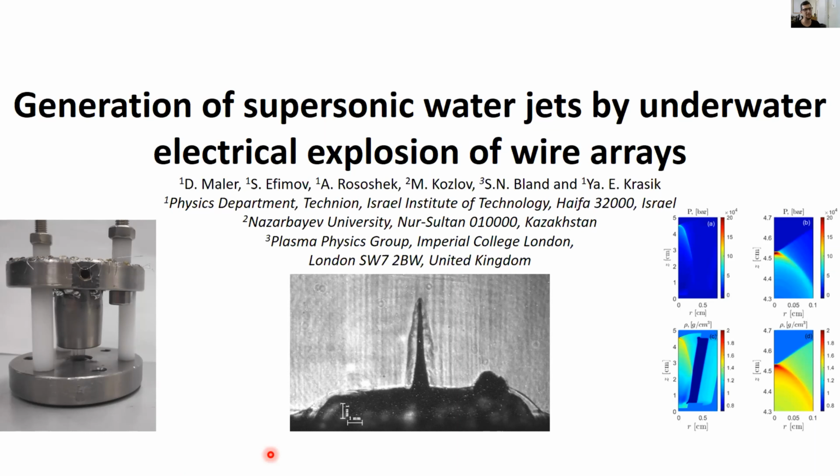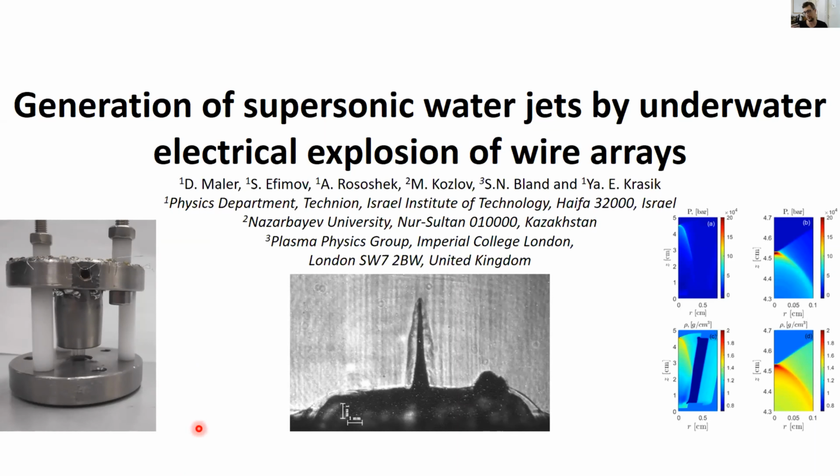Thank you, Ray. Hello, everybody. So I will present in my poster the generation of supersonic water jets by underwater electrical explosion of symmetric wire arrays. In my poster, I present the experimental and numerical results of high velocity water jets, which could be used for the study of high energy density physics.